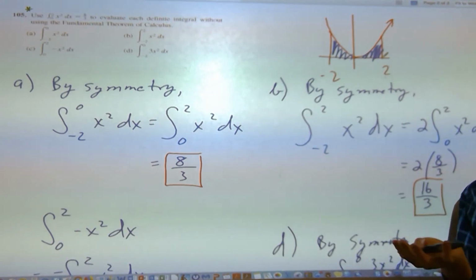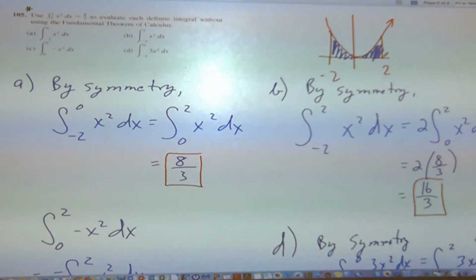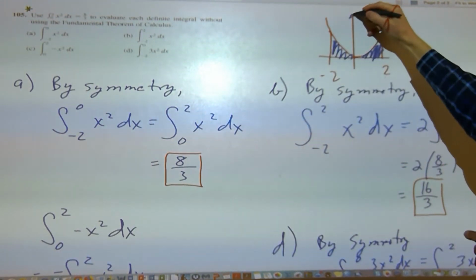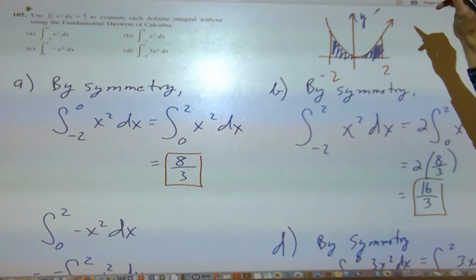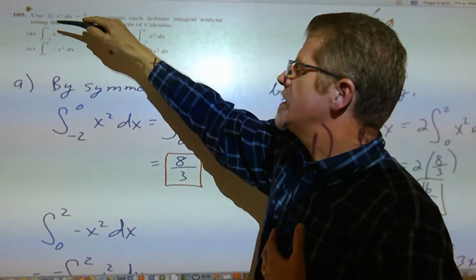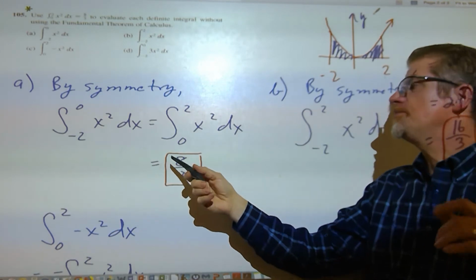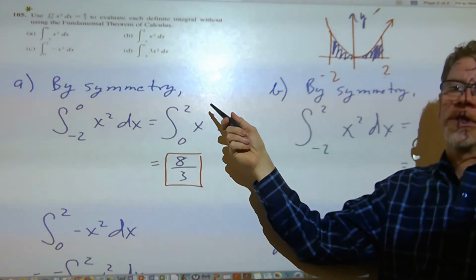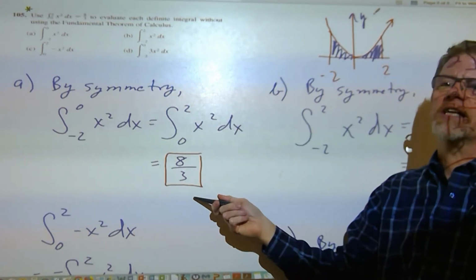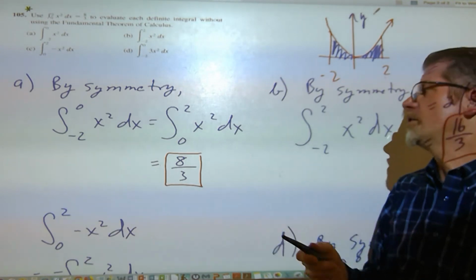That's just because of the symmetry of the x squared function. It can be reflected over the y-axis. So that's why the integral from -2 to 0 by symmetry is the same thing as the integral from 0 to 2. So just by symmetry, it's going to be 8/3. That's all that was going on there.